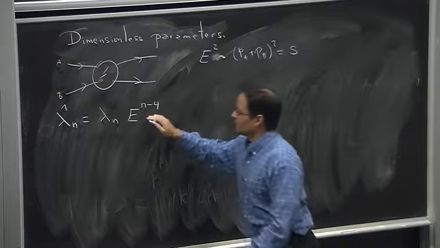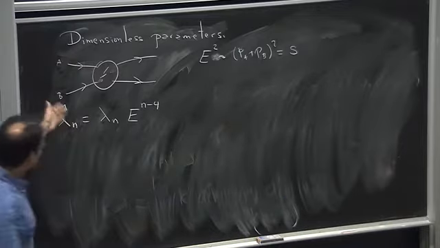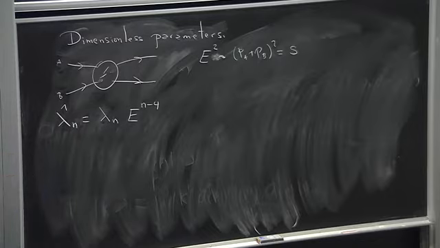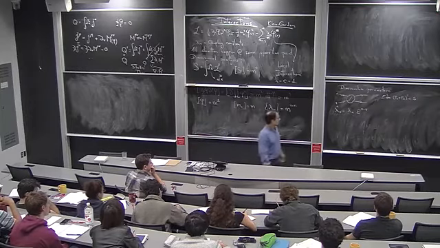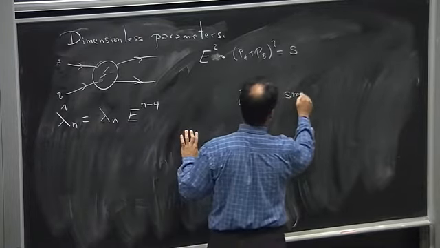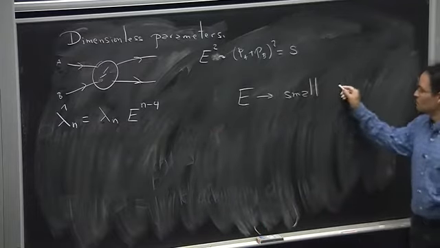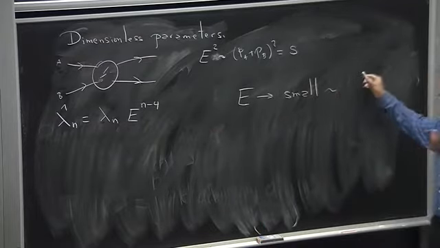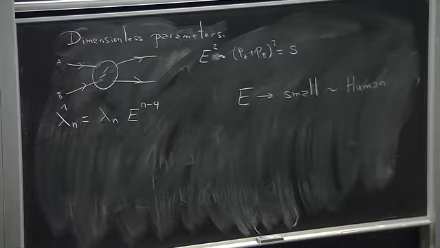So let's actually decide which couplings are important when we take the energy to be large and when we take the energy to be small. So when we take the energy to be small, and by small, I'm saying the scale of a human, say, that's my definition of small.